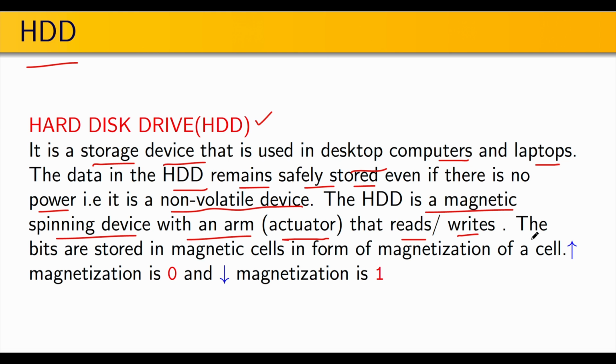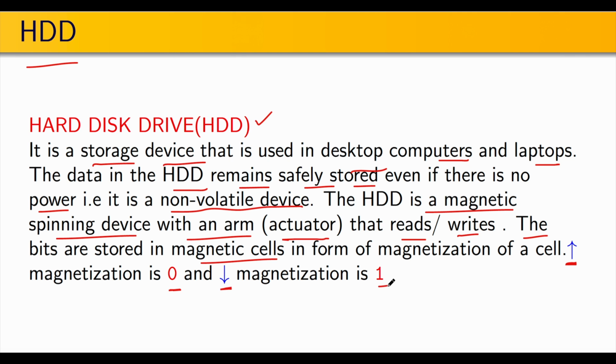So how does it store information? The bits are stored in magnetic cells. This spinning device has many magnetic cells, and information or bits are stored in the form of magnetization of a cell. If its magnetization is up, then it is called the 0 state, and if the magnetization is down, it is called the 1 state.